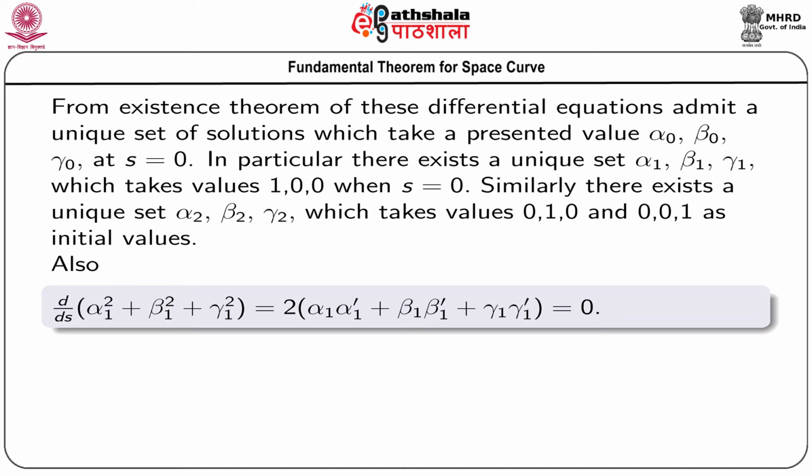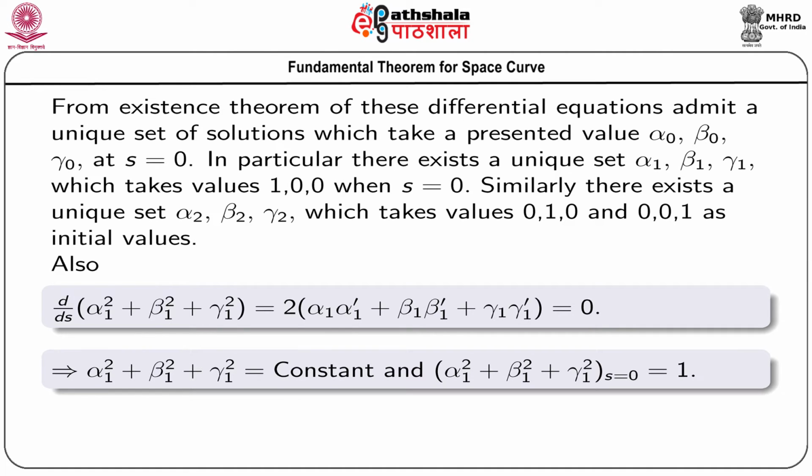Similarly, with beta 1 dash and gamma 1 dash, and they are coming equal to 0, which implies alpha 1 squared + beta 1 squared + gamma 1 squared equals a constant.